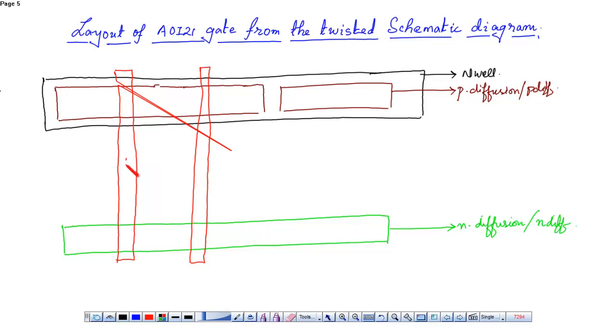Okay, now these are two inputs A and B. This is the third input, C.